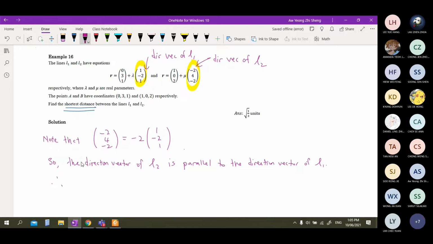Therefore, the lines L1 and L2 are parallel.